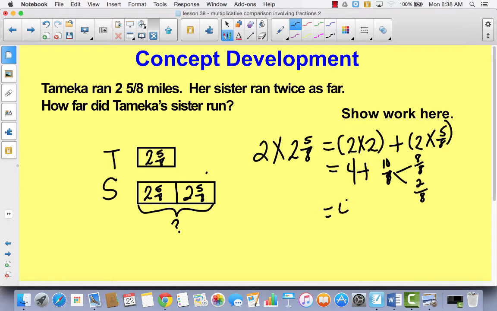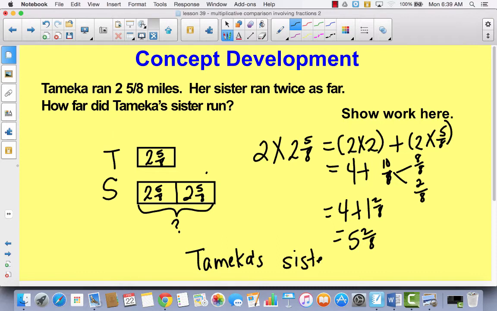So that's going to be 4 plus 1 2/8, which equals 5 2/8. So how far did Tamika's sister run? Tamika's sister ran 5 2/8 miles.